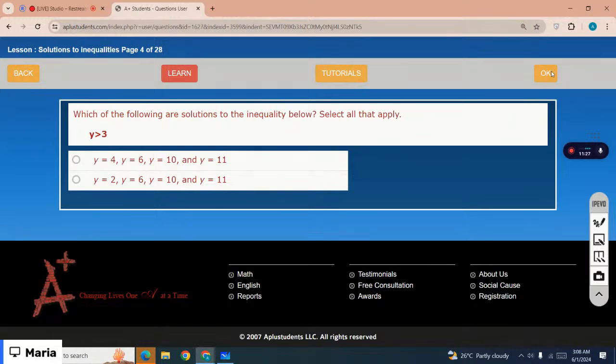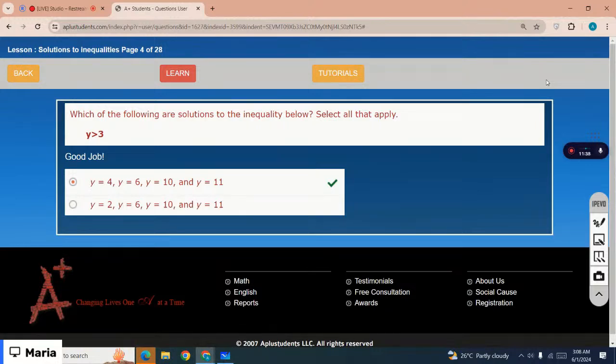That is option number one, right? Because all of them are greater than 3: 4, 6, 10, and 11, right? But in the second option, 2 is not greater than 3. So option number one is the correct option.